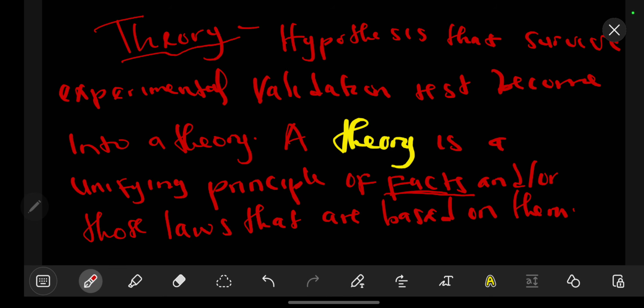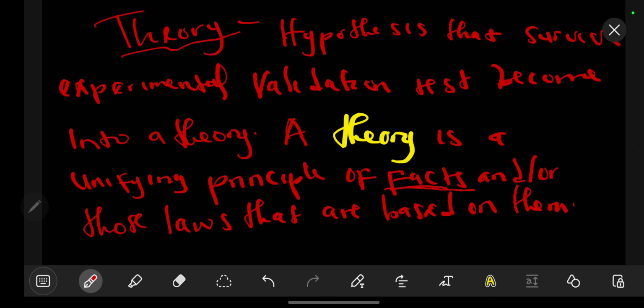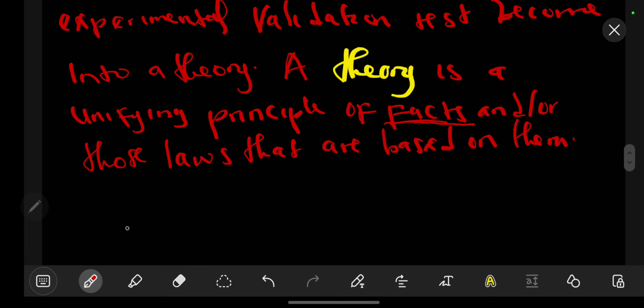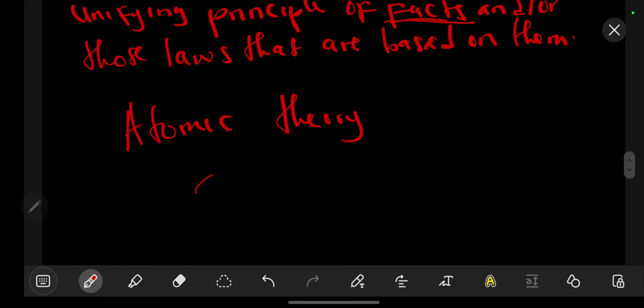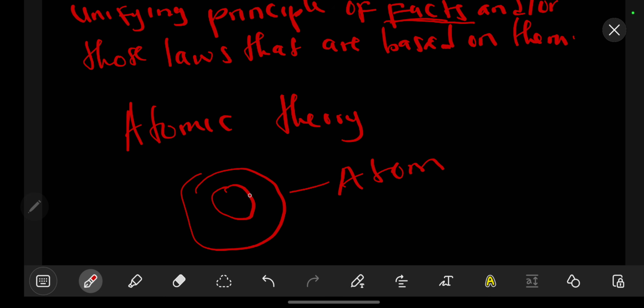Now, in some cases, you might come up with a theory which might be limited to the amount of equipment that you have. For example, when you look at the atomic theory of matter, a long time ago they thought that the smallest is an atom and an atom is indivisible. Later they discovered that an atom even has subatomic particles, which we call the neutrons and the electrons on the shells.